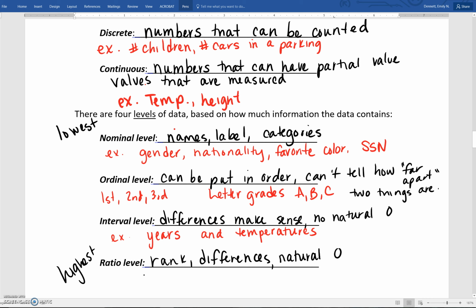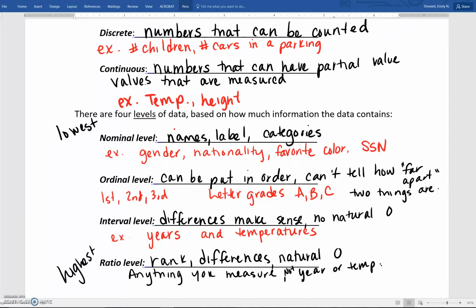This is going to be almost anything that you can measure that's not a year or a temperature. For example, someone's height, someone's weight, salaries, if you were collecting data on how much people make. Any of those things would fall into the ratio level.